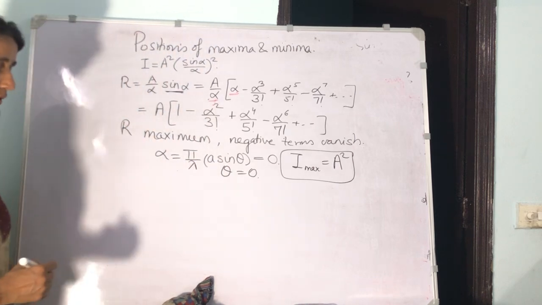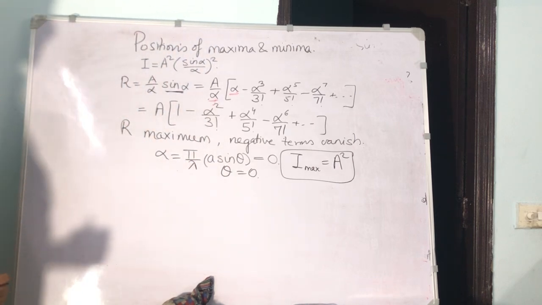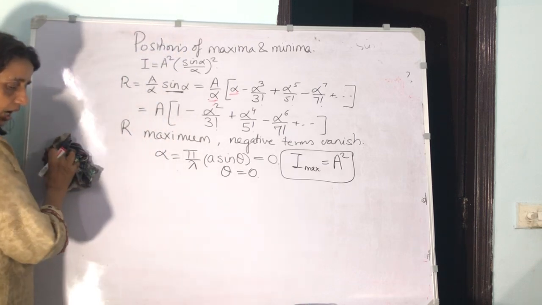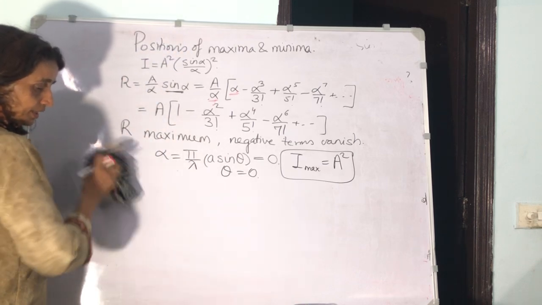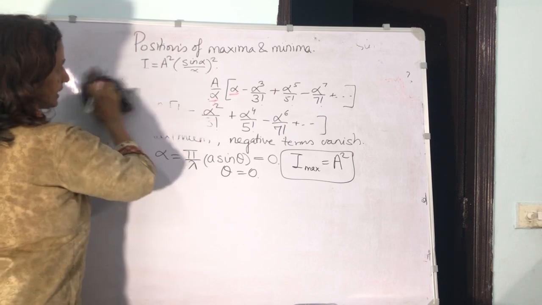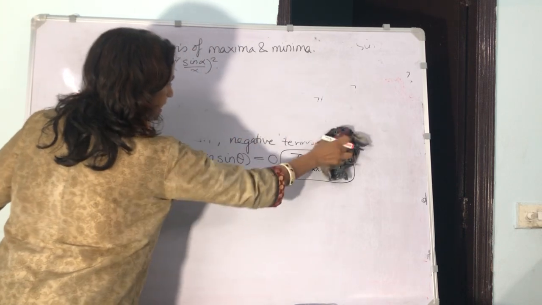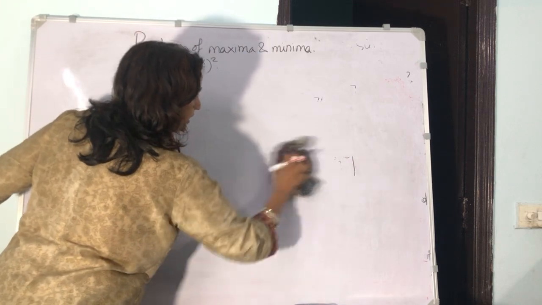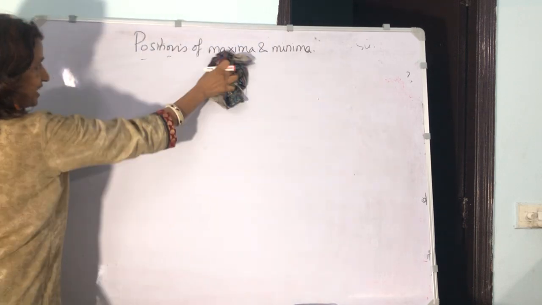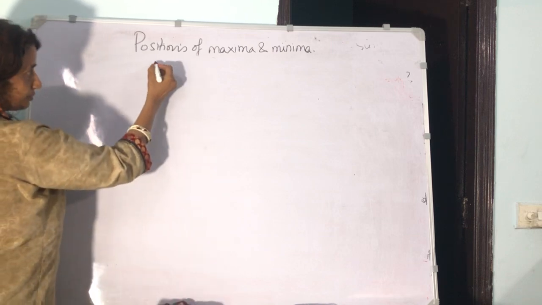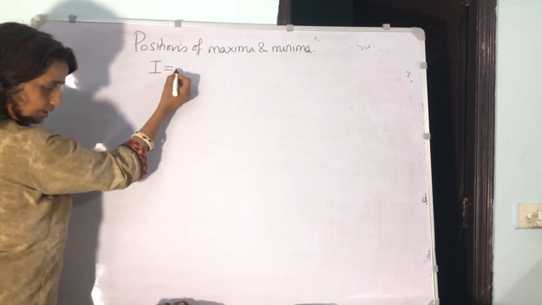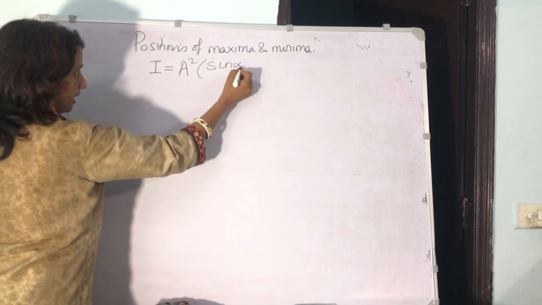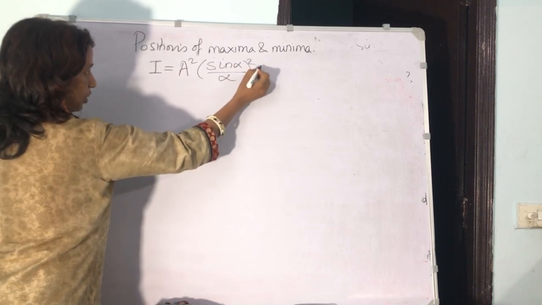Now what about the minima? How do we find the minima? So the position of minima, how do we get minima here? We know that intensity is given by I is equal to A square sine alpha upon alpha whole square.